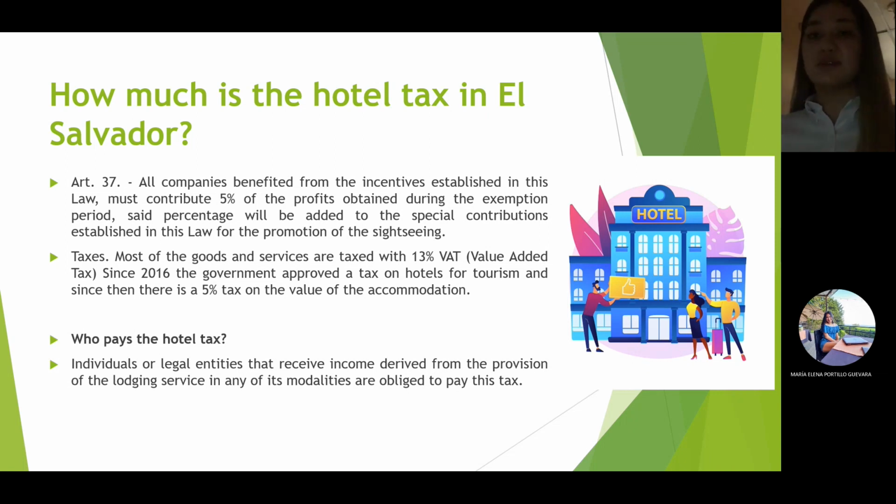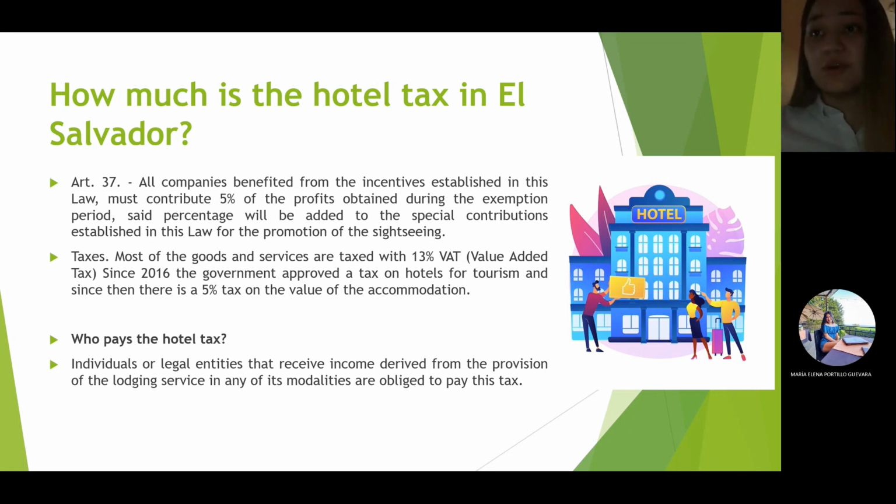So, who pays the hotel tax? All the individuals or legal entities that receive income derived from the provision of lodging service in any of its modalities are obligated to pay this tax.